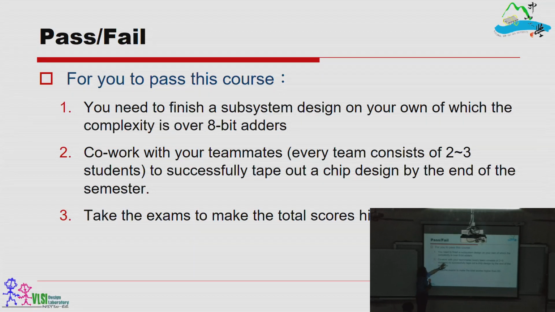So anyway, an 8-bit adder is the lowest threshold for the student team to finish. Anything lower than this will not be acceptable. Basically you can select design topics like 8-bit adders. There are a lot of adders: CLA, CRCA, CSA, this kind of thing.